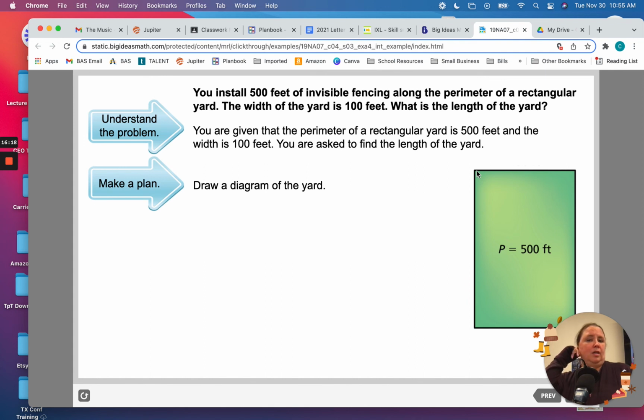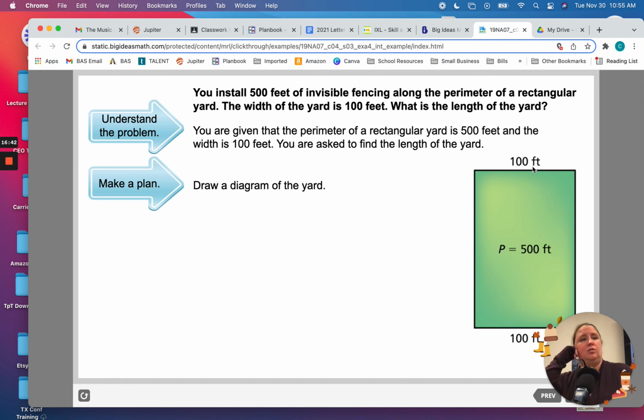Okay, they want to know the length of the yard. The width is how much? 100. So now we just have to solve for the length. What is the formula for perimeter? Length plus width, plus 2 lengths and 2 widths, because you add up all 4 sides.